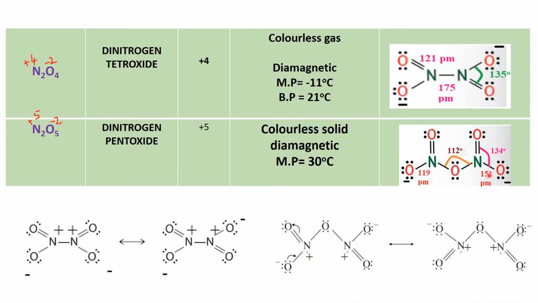It also shows two resonance structures, that is nitrogen with a positive charge and the two oxygen opposite to nitrogen with minus charge, and here the two oxygen cis to nitrogen, that is minus with minus charge.